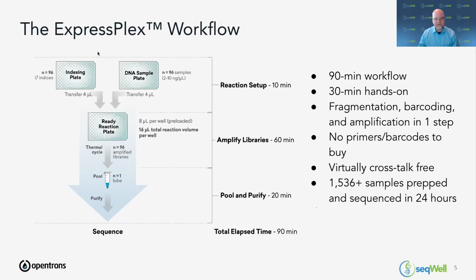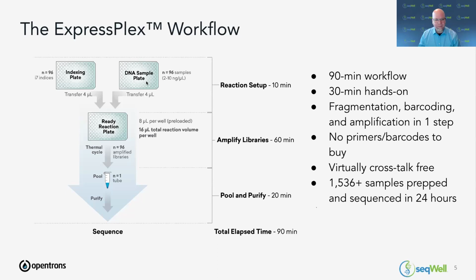And the workflow, as it looks like with this product, is as follows. You've got an indexing plate that's provided in the kit, and that contains all the barcodes, everything. You've got a ready reaction plate, which is the master mix, and then you've got magnetic beads for the cleanup. All you have to do is supply your DNA plate, and the workflow is this.